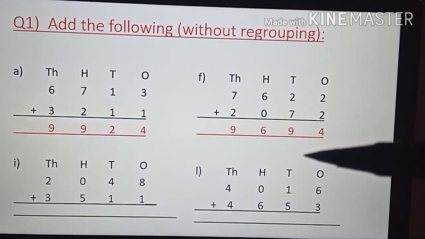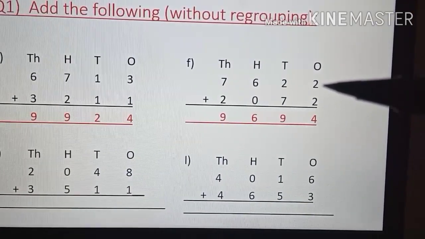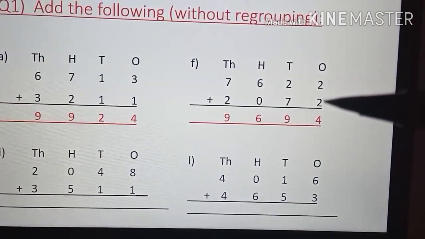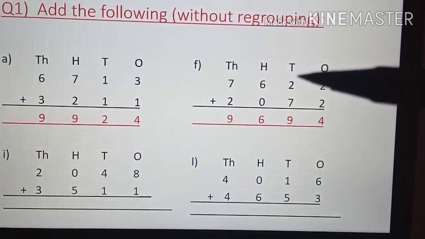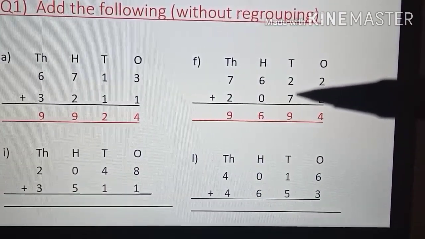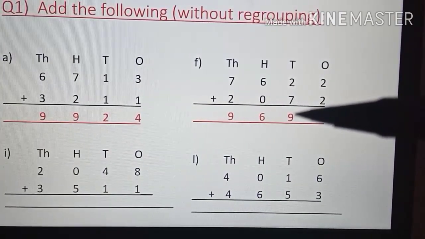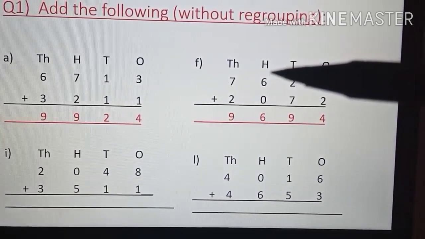Now let's move to the question number F. Under the ones column we have digits 2 and 2. So 2 plus 2, 4. Single digit number. You will not carry over. Now under the tens column we have digits 2 and 7. So 2 plus 7, 9. 9 is a single digit number. No carry over here.